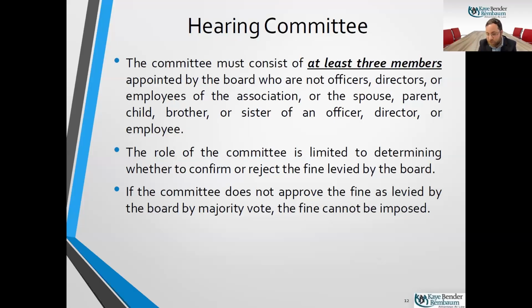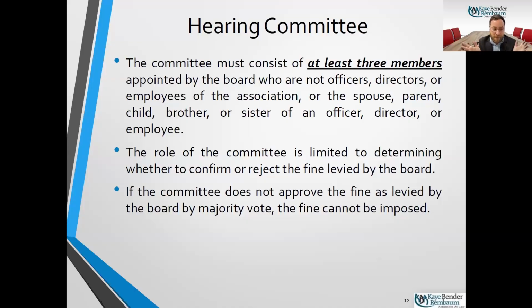Now, the hardest part, at least that I find for our clients to even proceed with fining, is to actually form this fining committee. This is hard because you need to have at least 3 members, meaning members of the community, generally owners, appointed by the board who are not officers, directors, or employees of the association or somebody in their family.